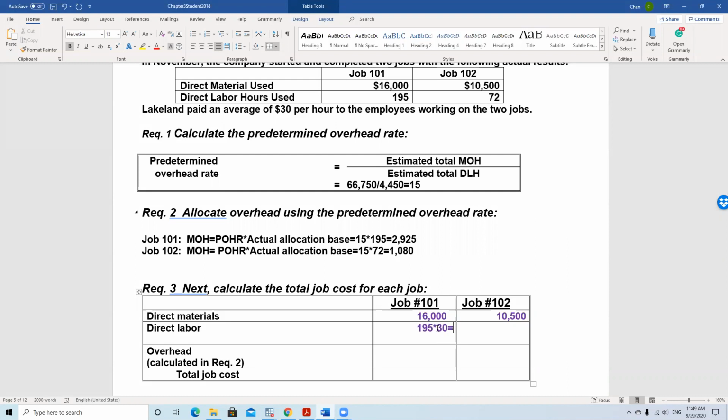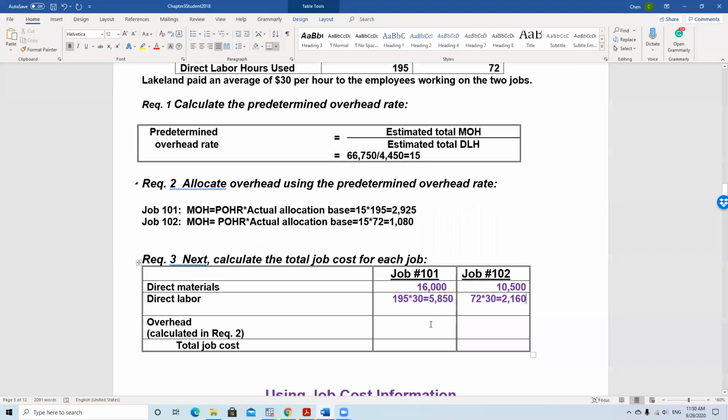And then that is, let me calculate, 5,850. And then for job 102, it's 72 direct labor hours times 30, which is 2,160. Okay, and the overhead, we have got overhead over here.